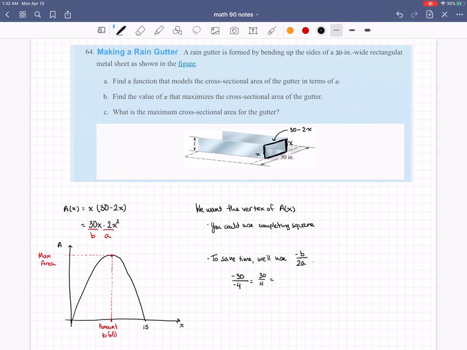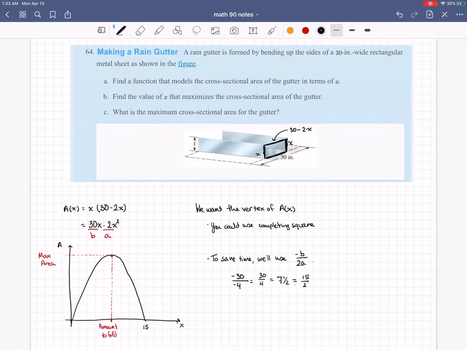Oh, hey, that is 7.5, or 15 over 2. So those of you who were thinking, shouldn't it just happen halfway between the two x-intercepts? You were absolutely right, and that's because of the symmetry of a quadratic function.